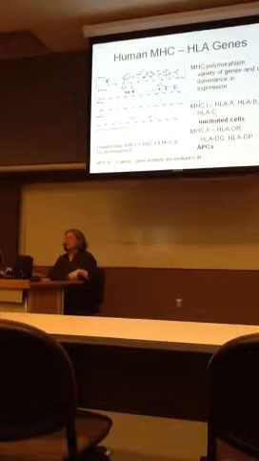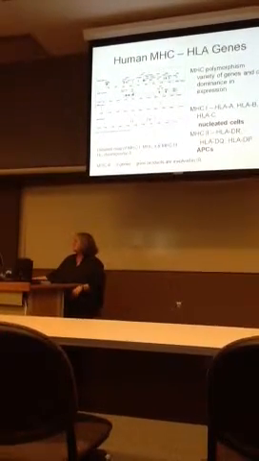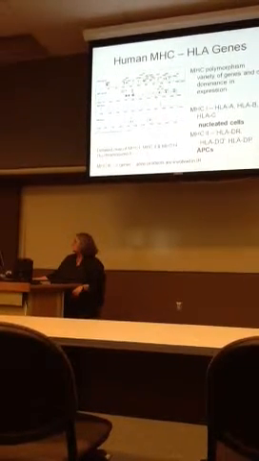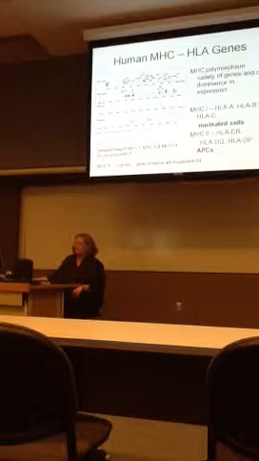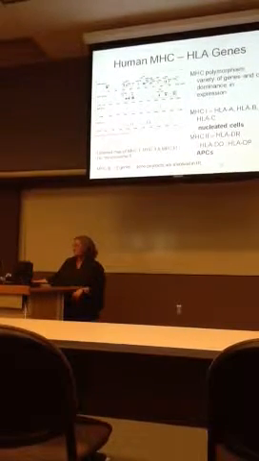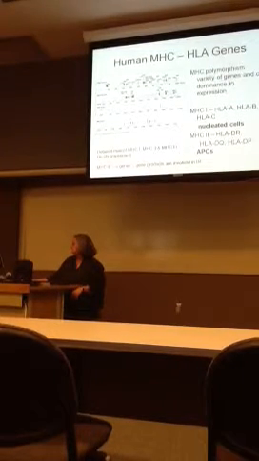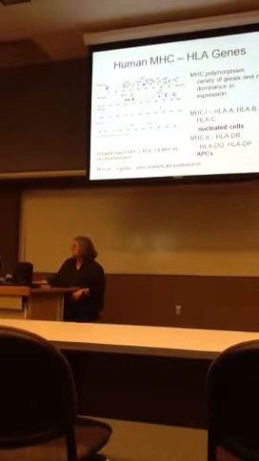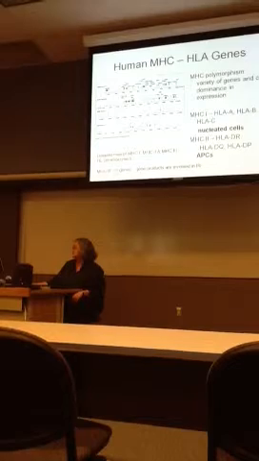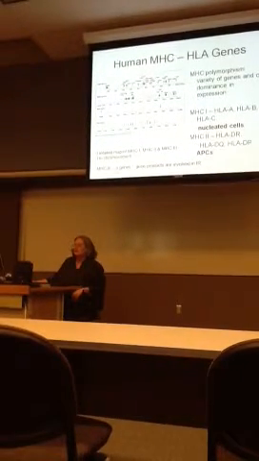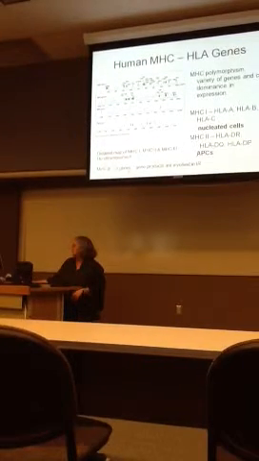And I want to go through that and reiterate that. MHC1, HLA A, B, and C on nucleated cells. MHC2, all the HLA Ds, and they are on professional antigen-presenting cells. MHC3s are oftentimes referred to as the immune response genes. Immune response genes.